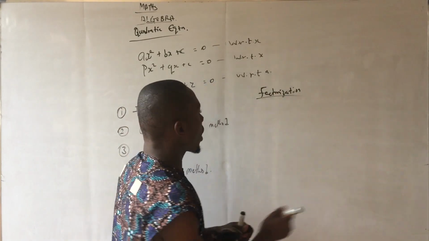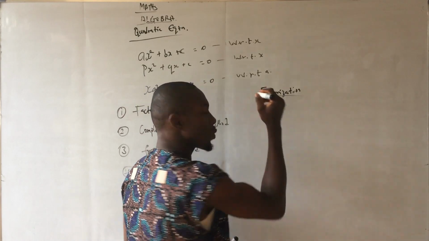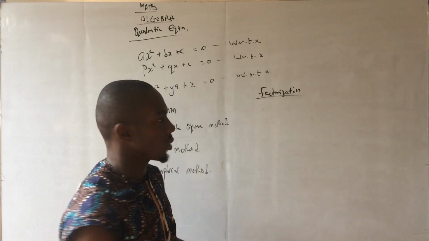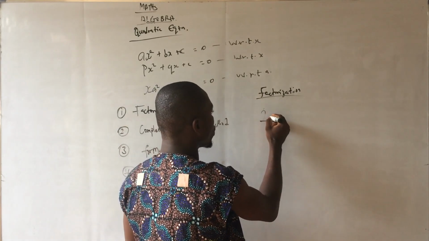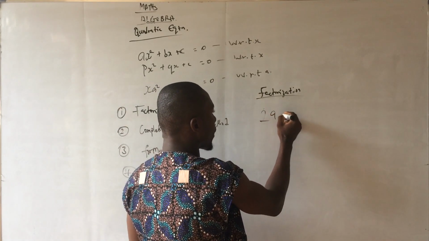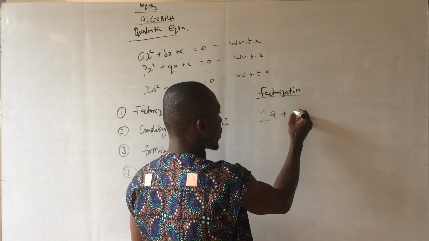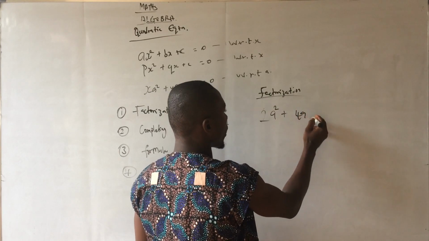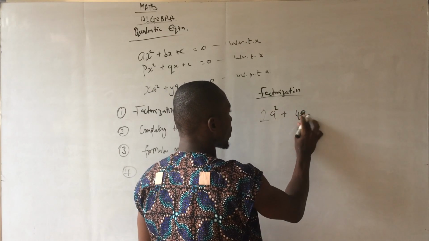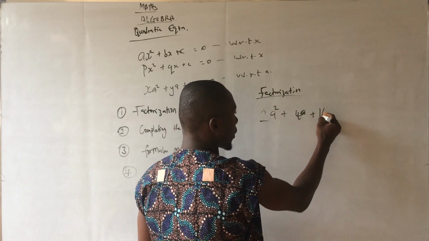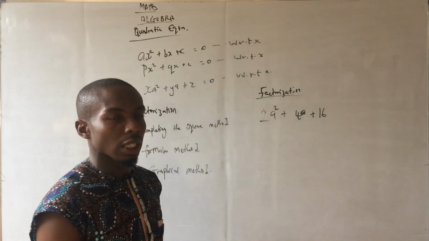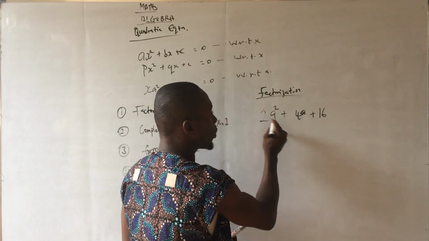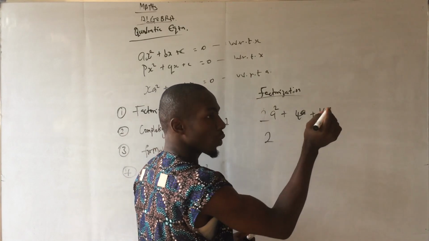So for example, now we are given, since we are talking about algebra and it collaborates the use of letters and numbers together, 2a squared plus 4a plus 16. Let us factor out something. We'll factor out 2, because 2 can go through all of them.